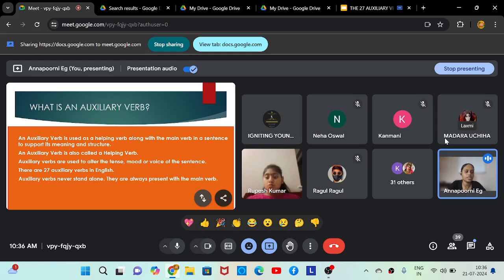Whereas alter means to change, to do some alteration. Alter your plan means change your plan. Alter your decision means change your decision. Clear?